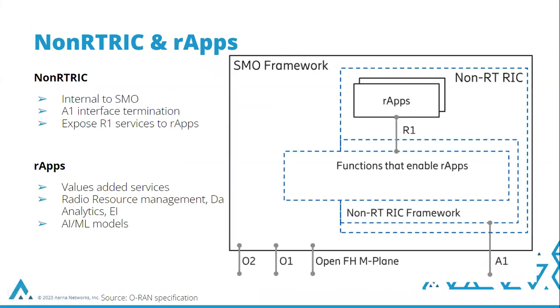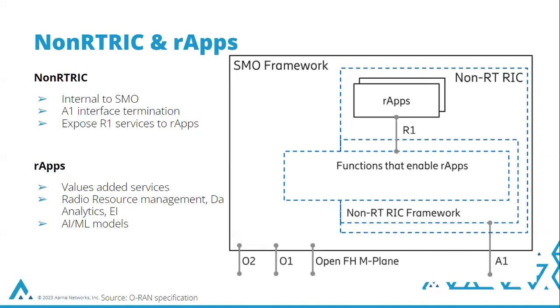Hi everyone, this is Bhanu. Before we jump into the use cases, I just wanted to touch upon, at a high level, the Non-RT RIC and the rApps, and after that the related use cases will be discussed. First is the Non-RT RIC.